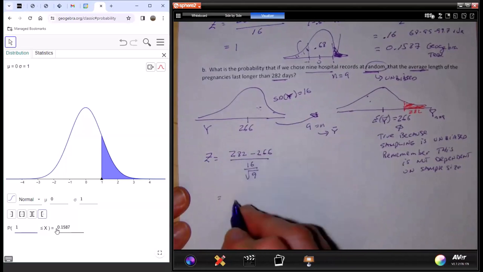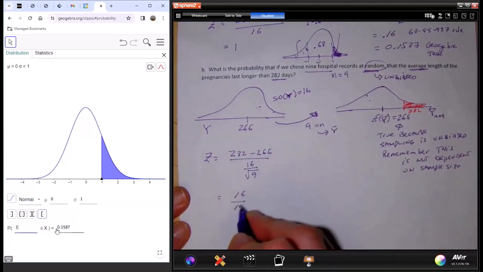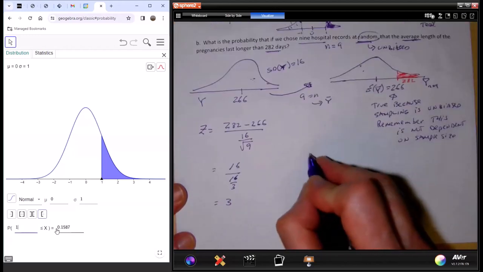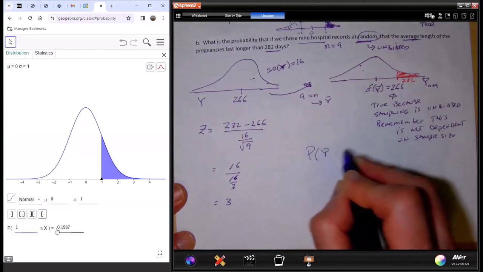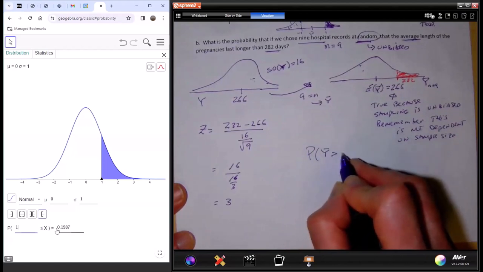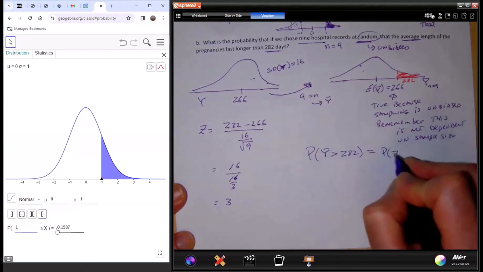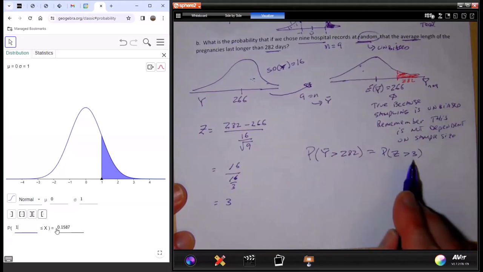I got 16 divided by the square root of 9, which is 3. If I do some arithmetic here, I'm going to find that this is right. So now what I'm after is the chance that my average of 9 numbers is greater than 282, and 282 now is a z-score of 3.